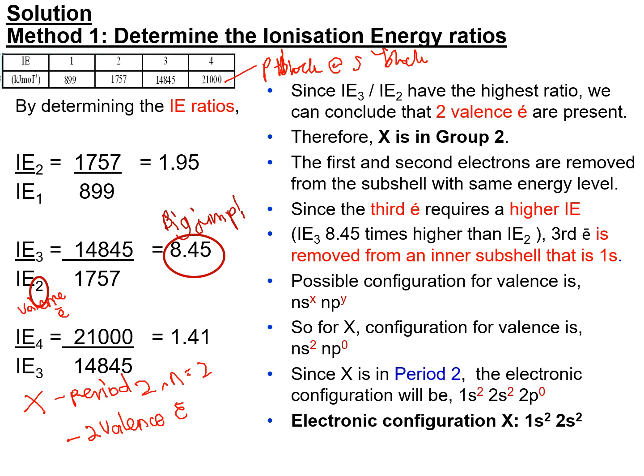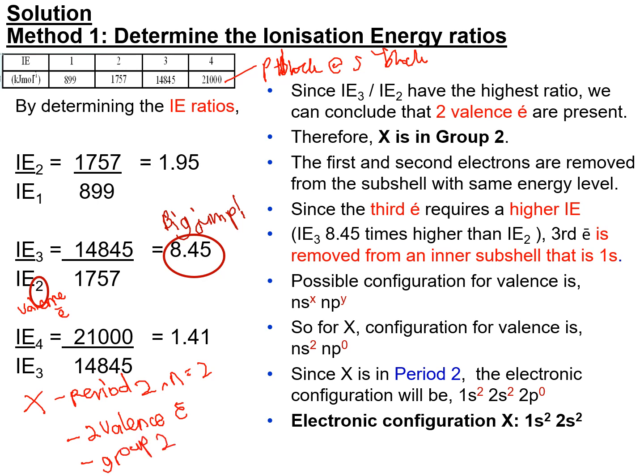Okay, next dia cakap, therefore X berada di group yang kedua sebab dia ada 2 valence electron. Okay, bukannya dia ada berbelas-belas pun, dia ada 2 valence electron. So kat sini kita boleh conclude yang X ni dia berada dekat group yang kedua.